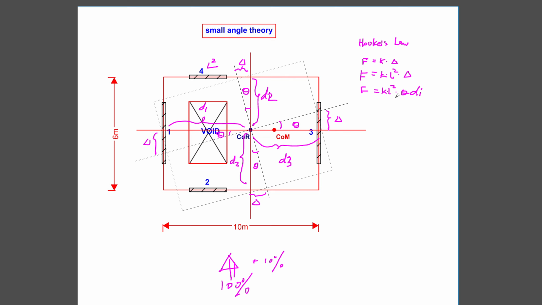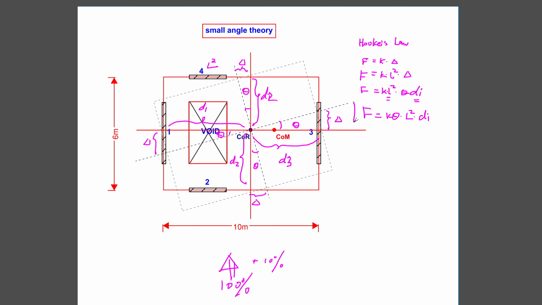So we can see from the equation here, the L squared is given as essentially the length of the wall, and the di is given. So those two quantities are given. So our force, we can just rearrange it, is K theta times L squared times your individual distance.